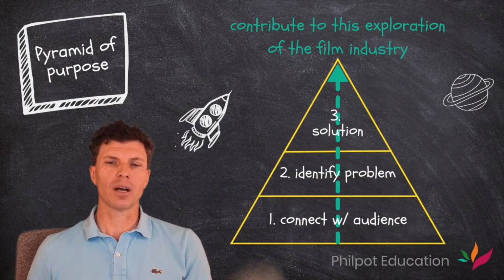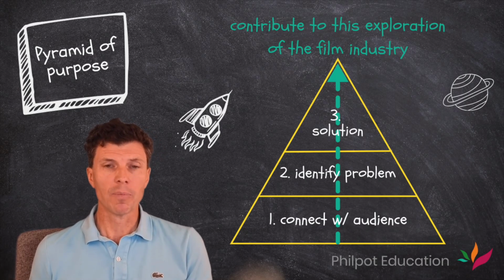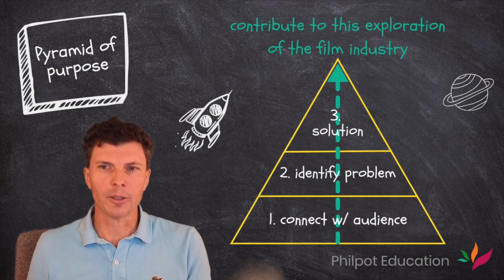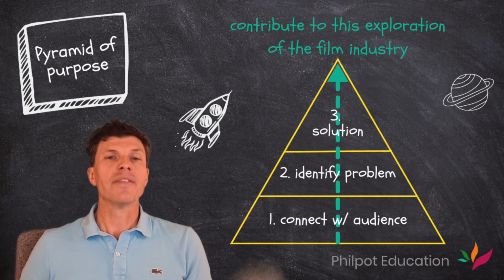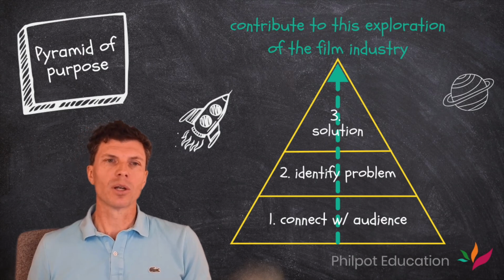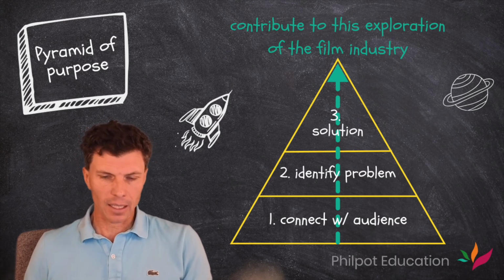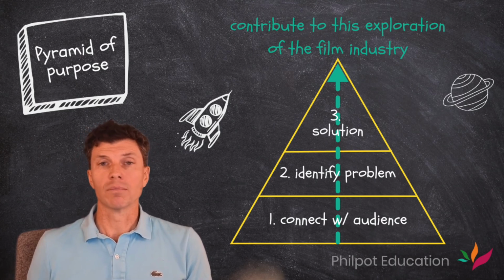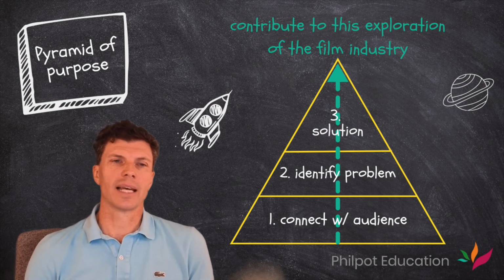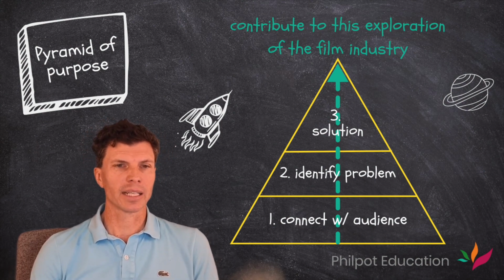Second one, about how the author identifies a problem that the film industry in Kenya is underdeveloped. And then the third body paragraph explores how Kenya could develop their film industry more specifically. So notice it follows that pyramid of purpose very carefully.